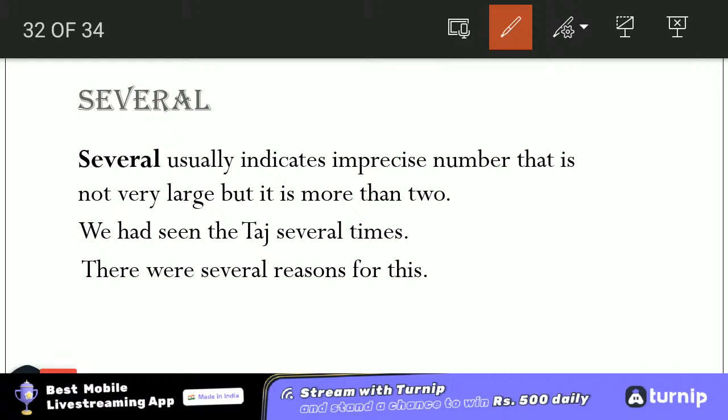For example, we had seen the Taj several times. More than twice we have seen, but we do not know the perfect number. So we will be using several. There were several reasons for this. Several means बहुत सारे reasons हो सकते हैं, दो से ज़्यादा भी हो सकते हैं. And so for imprecise numbers we will be using the determiner several.